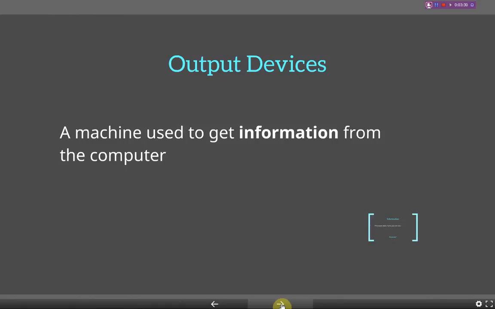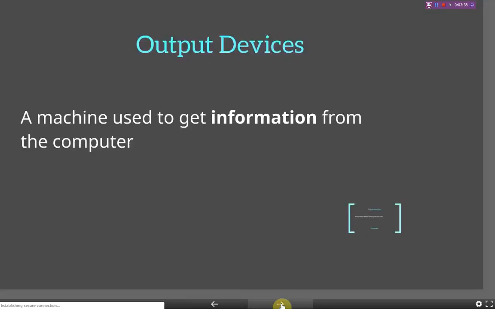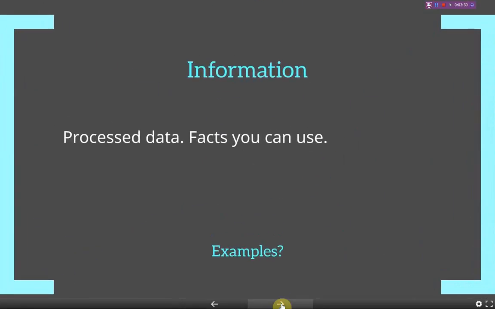What do you think information is? Information is processed data, facts that you can actually use. So if I were to collect all of your ages, that would be the data. If I put them into Excel and average them together, that becomes information.